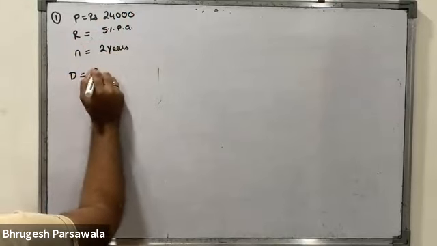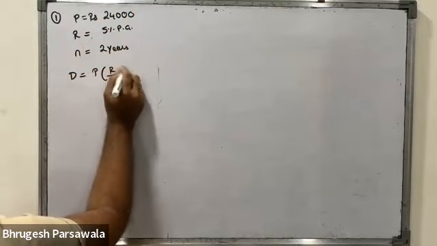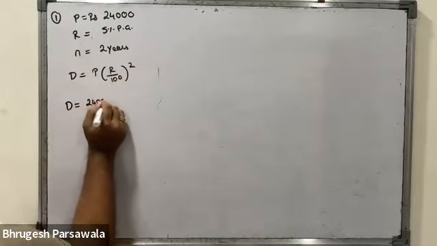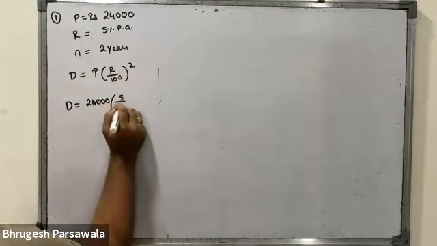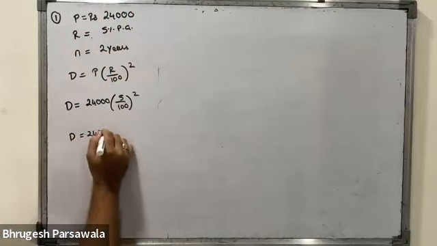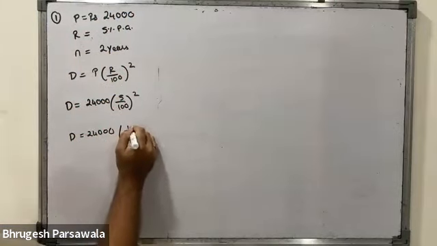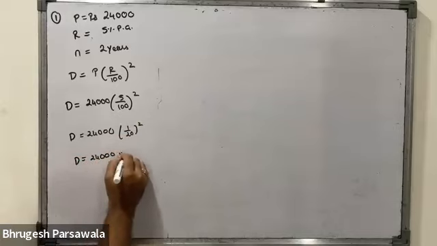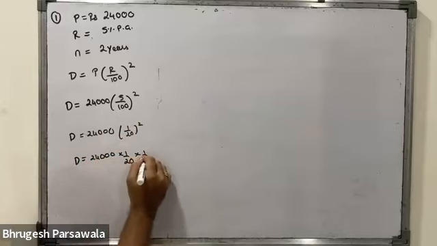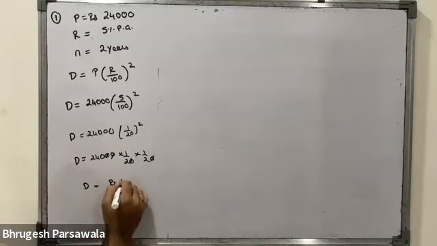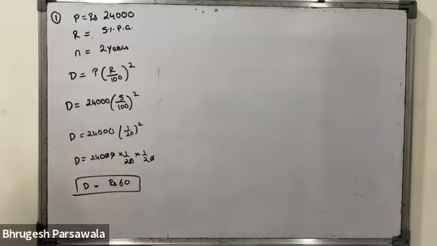So D equals P times (R upon 100) squared. P is 24,000. R is 5. So the gain in the transaction is rupees 60.